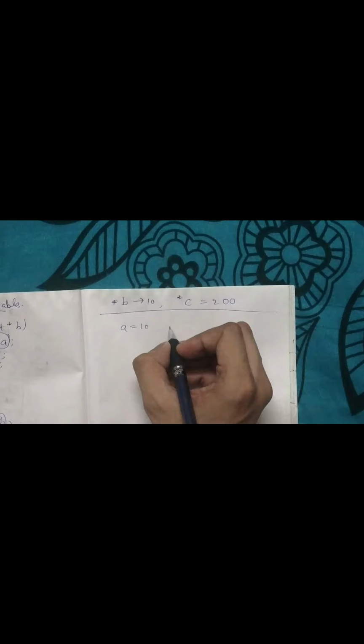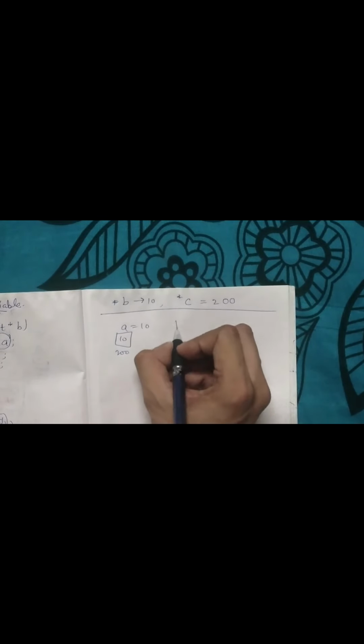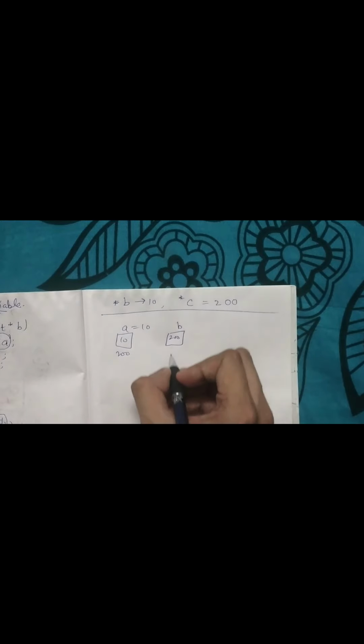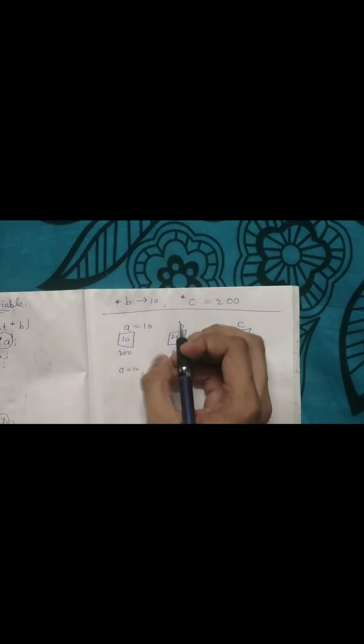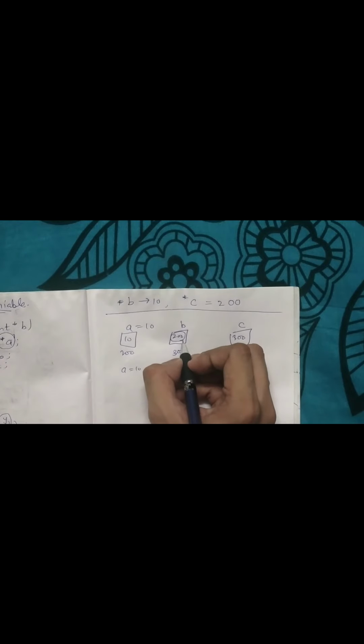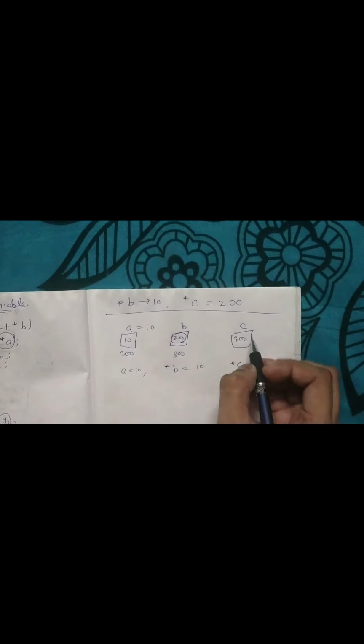Your a was 10, your address was 200, b is 200, its address is 300, and c is 300. So a is 10. *b is the value stored at this address, which is 10. *c is the value stored at this address, which is 200.